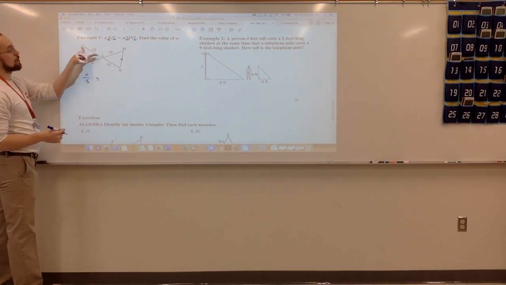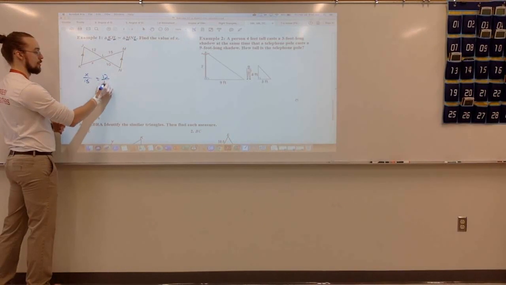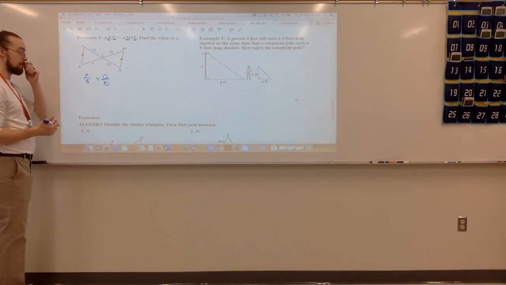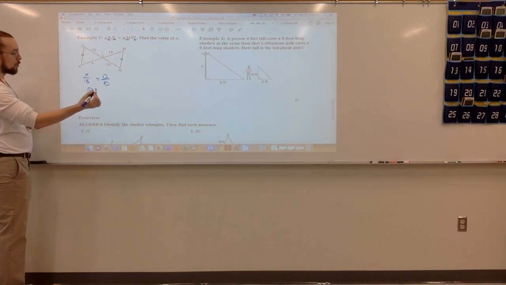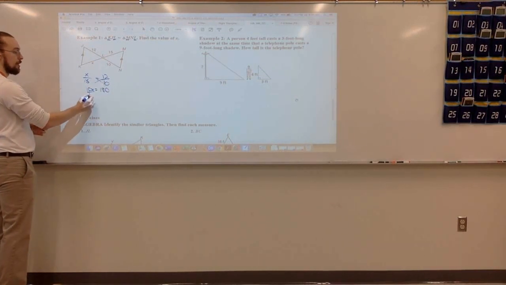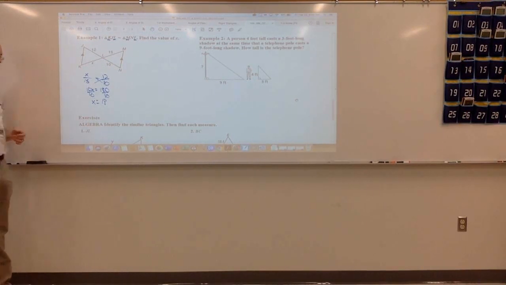Then that leaves the 12 and the 10, which would obviously be the other pair of corresponding sides. This is just like what we did in the last section, making sure we're matching up correct corresponding pieces. So cross multiply, we get 10x equals 180. Divide by 10, and x is 18.